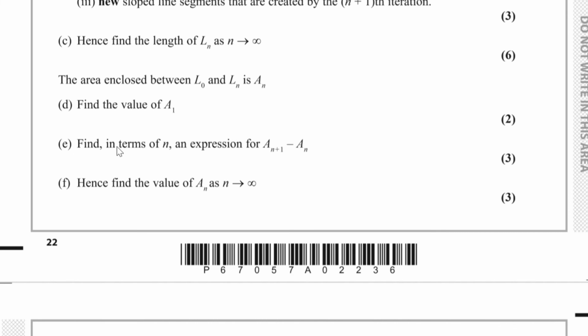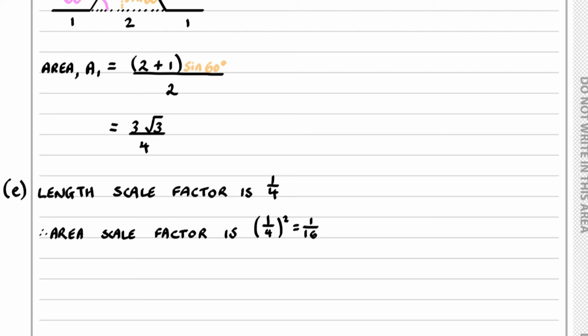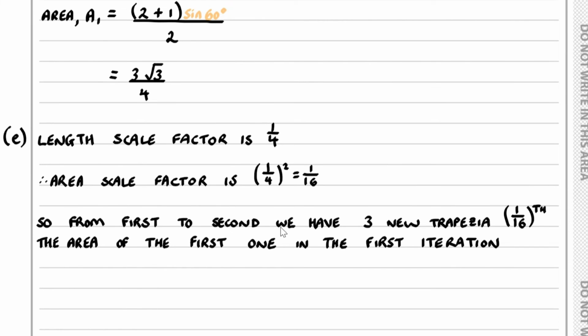For part E of the question, we have to find in terms of n an expression for a n plus 1 subtract an. Well, an plus 1 subtract an, we're looking at the increase in the areas. So we know that the length scale factor is 1/4, and so the area scale factor is 1/4 squared, which is 1/16. So from the first to the second, we have 3 new trapezia, 1/16 the area of the first one in the first iteration.